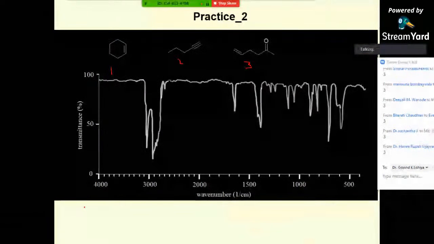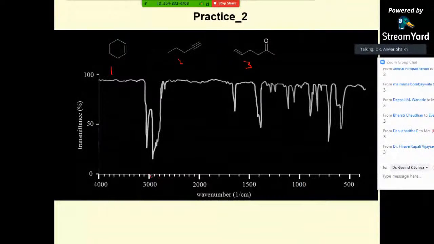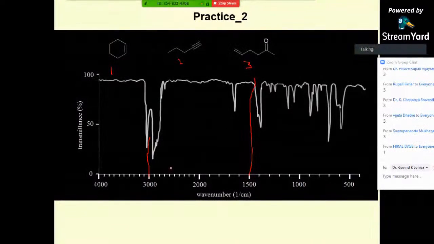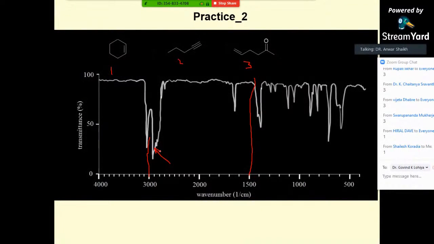If we see here again, as per our rule, we will draw a line at 3000 and a line at 1500. Consider it a straight line. No doubt we will be getting CH stretchings here. That may be present here also, so it is not giving much idea for identification in all three structures.